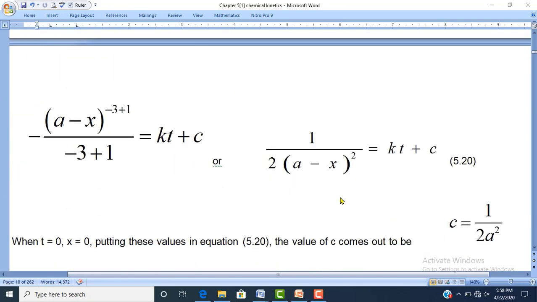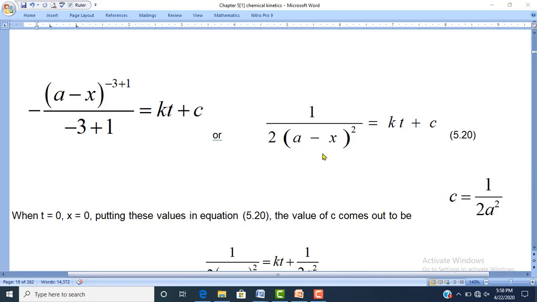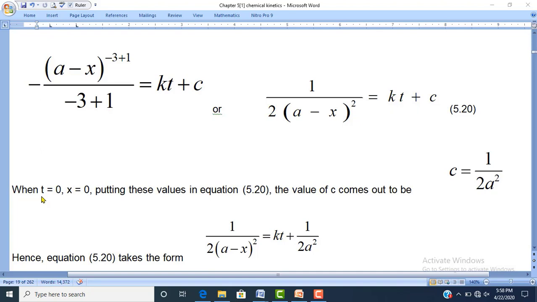So when you solve the equation by integrating after separating the variables, you get equation 5.20, 1 over 2 into a minus x square is equal to kt plus c. Then applying the initial condition, when time was equal to 0, x was also equal to 0. When we put these values in equation 5.20, we get the value of c, that is equal to 1 over 2a square.